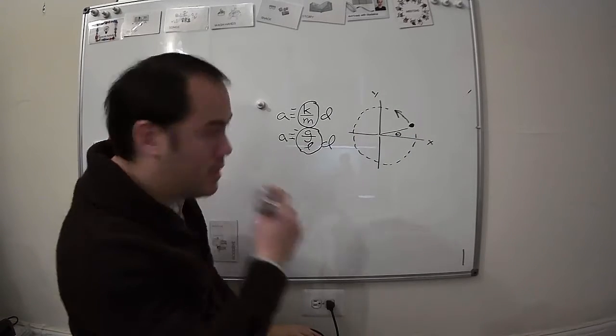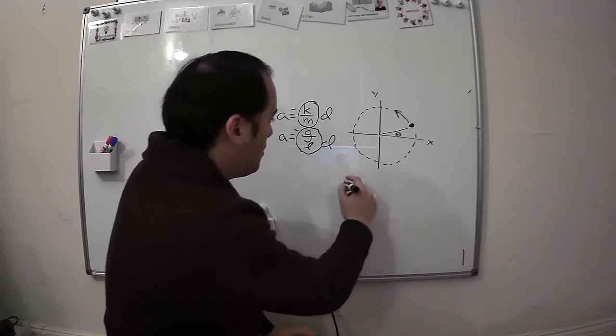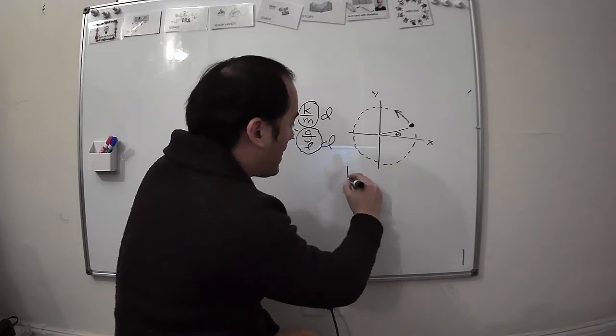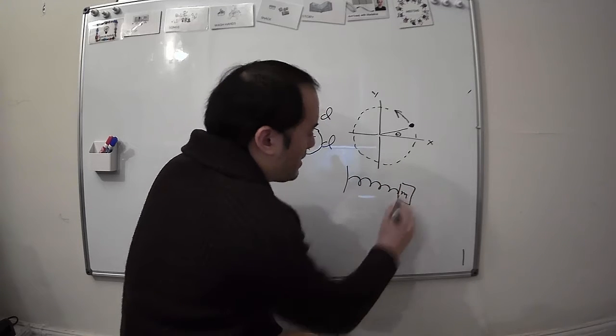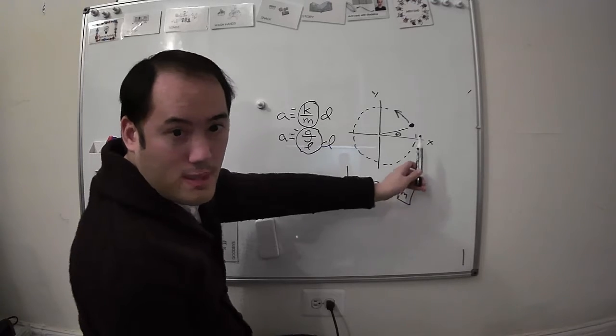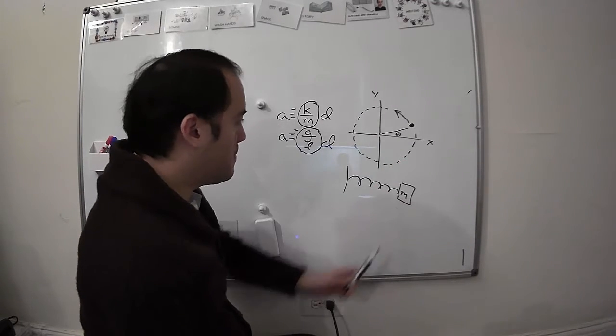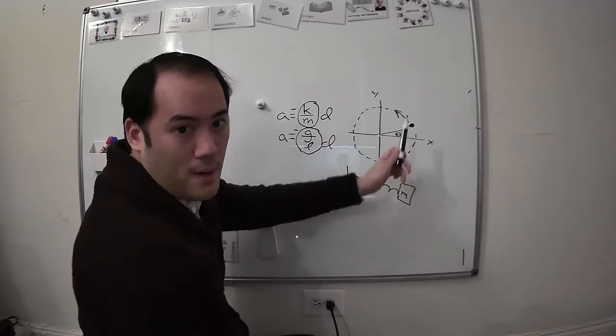In theory, the motion of this object in a circle will exactly match a mass on a spring. The mass starts here. Let's say this is a block and a ball.